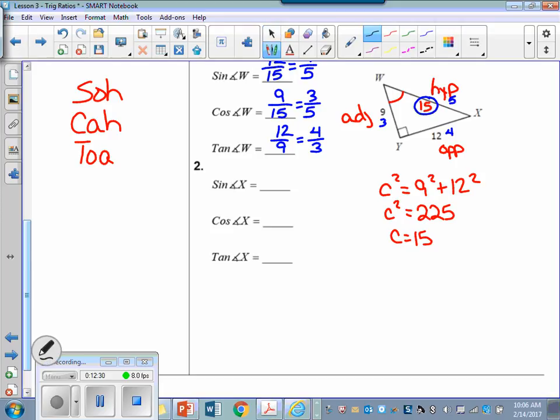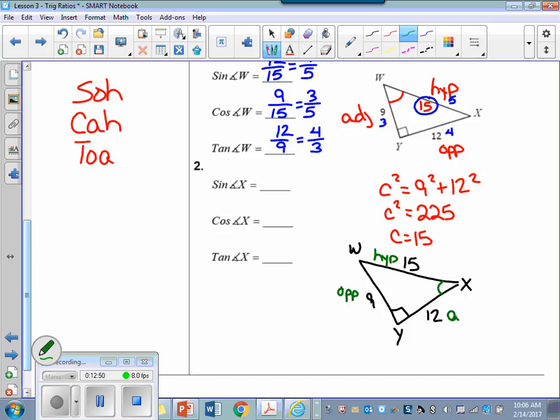Okay, in order to do my other acute angle, I'm going to redraw that triangle. Let's see, 9, 12, 15, W, Y, and X. And this time around, I'm interested in angle X. So 9 is my opposite, 15 is my hypotenuse, and 12 is my adjacent.